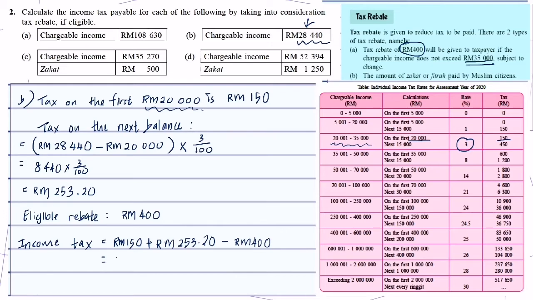So equals 403 ringgit 20 cent minus 400 ringgit equals 3 ringgit 20 cent.